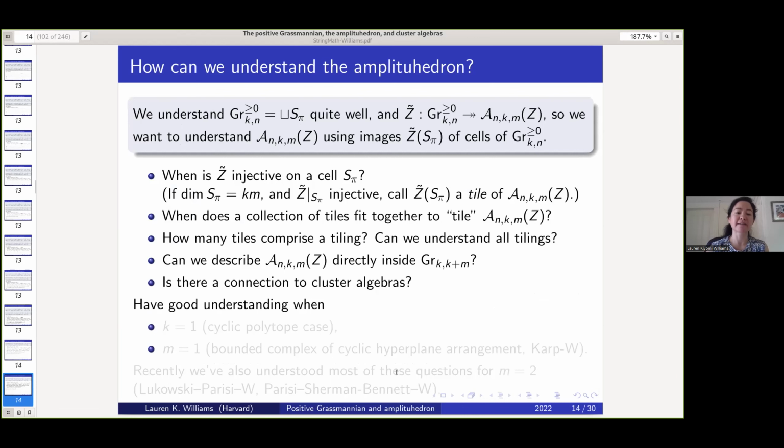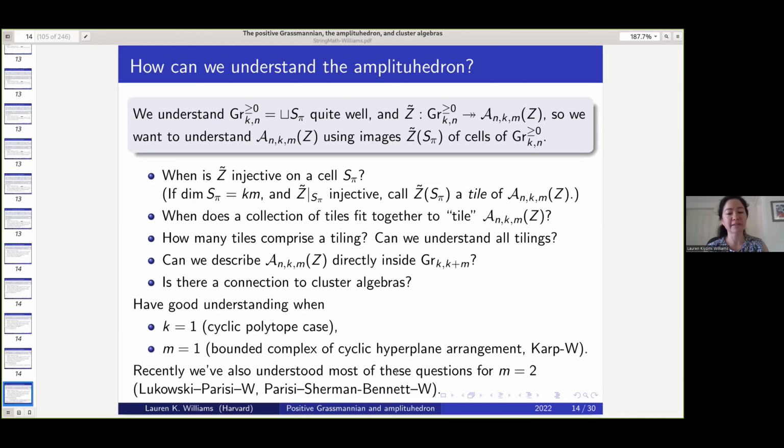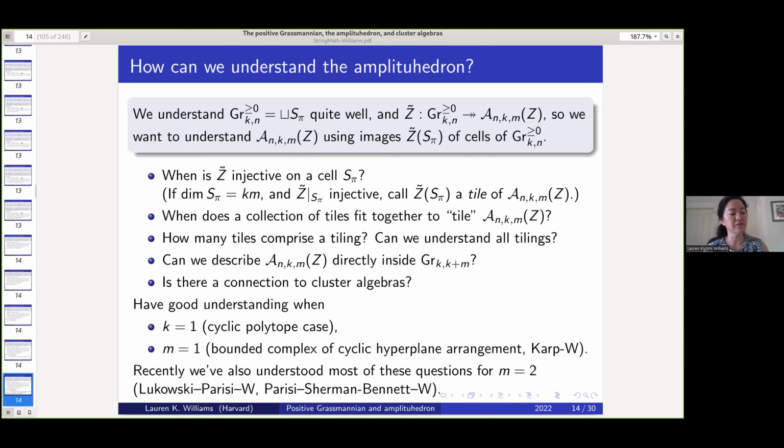Okay, and we understand the situation very well when K is 1, which is the bounded polytope case. We also understand it very well when M is 1. And recently we've gotten a good understanding of most of these questions when M is 2.